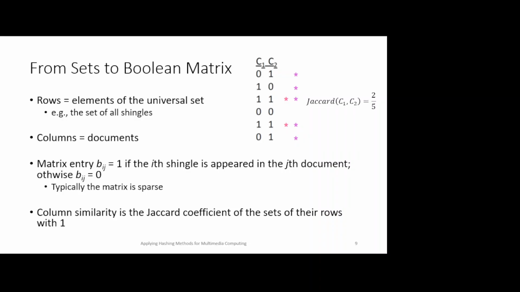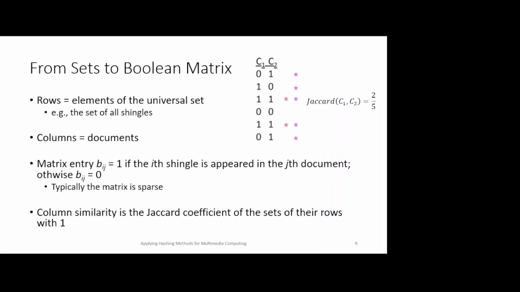For the C1 document, check the first column: it has the second, third, and fifth shingles. For the C2 document, check the second column: it contains the first, third, fifth, and sixth shingles. So we can represent the shingle set in a binary form like this.